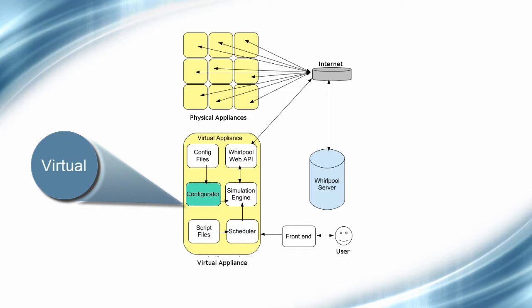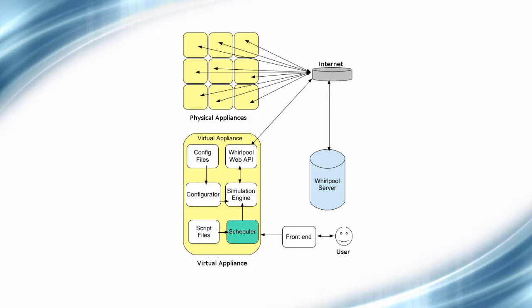First, the configurator, which takes the configuration files for a machine and does any necessary configuration. Second, the simulation engine, which takes the API file that determines how the appliance will create packets to send to the rest of the world. And third, the scheduler, which takes a script file and creates packets from it and then sends these packets to the appropriate places.